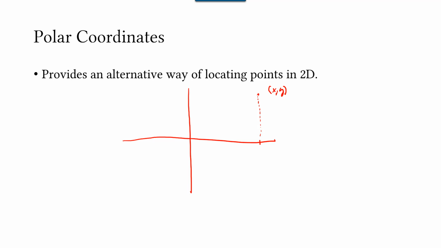We could give the distance of the point from the origin and call that r for radius, and we could give the angle theta that our ray makes with the positive x-axis.